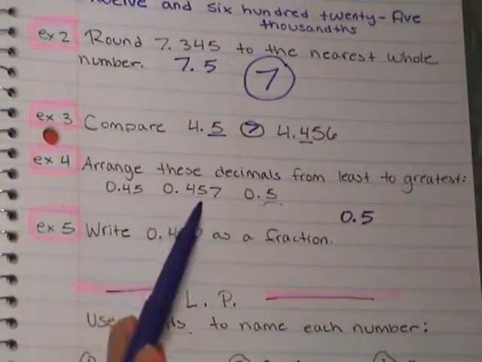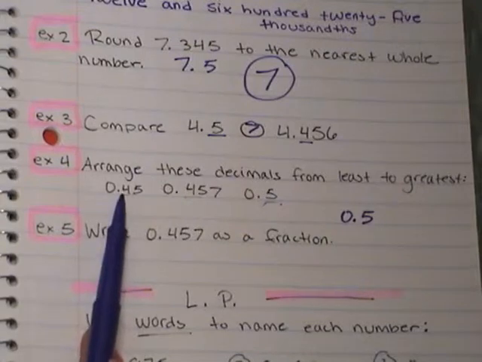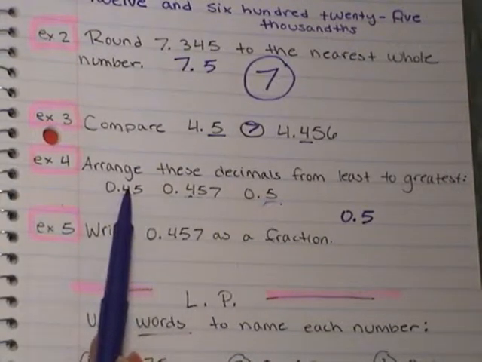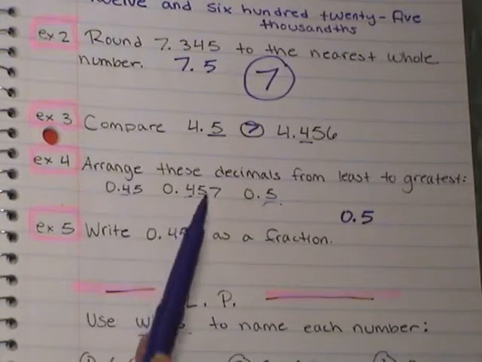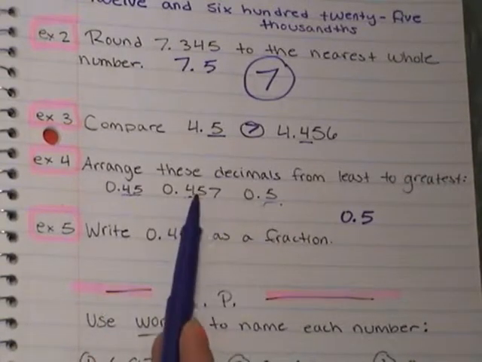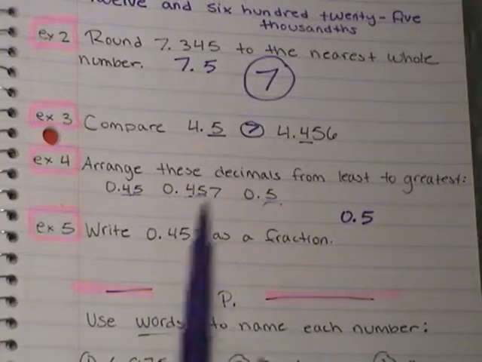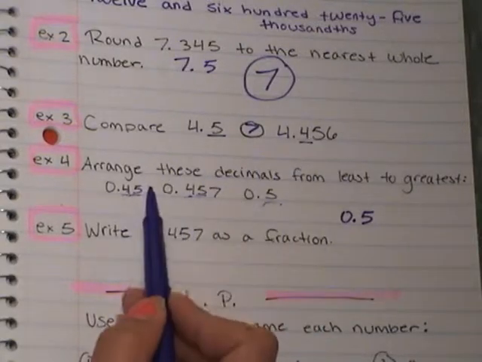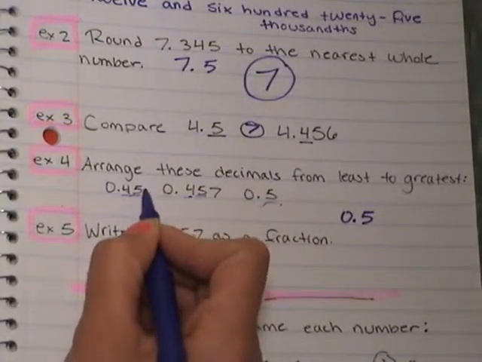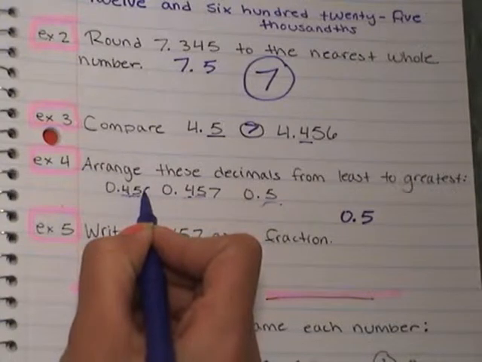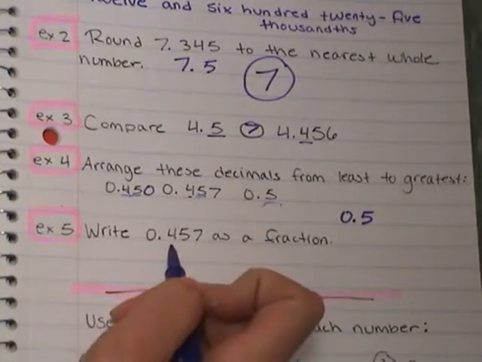Now I'm dealing with 4s. I look at my 4s in the tenths, and they're the same. I need to go to my next column. I have 5s and a 5, and these are exactly the same. If they're the same, then I need to go on to my third place. Even though it doesn't have anything there in 45 hundredths, I really have a 0.